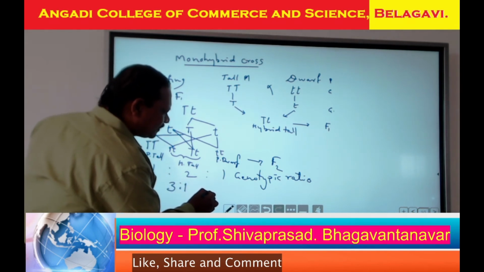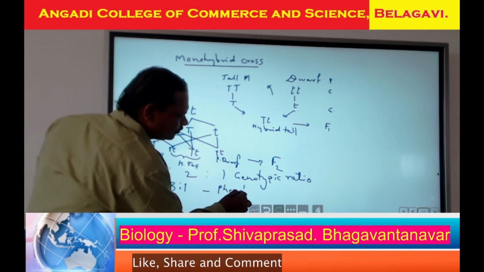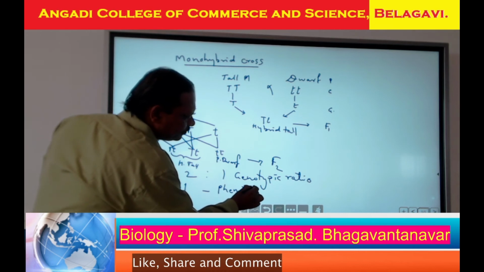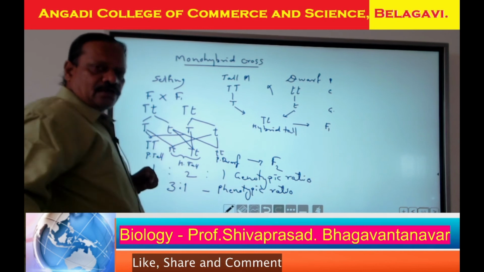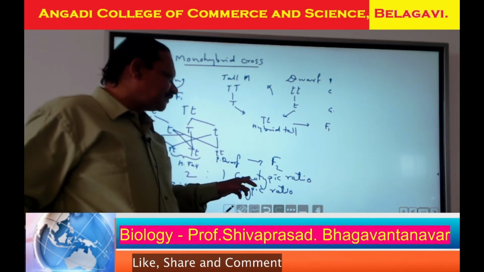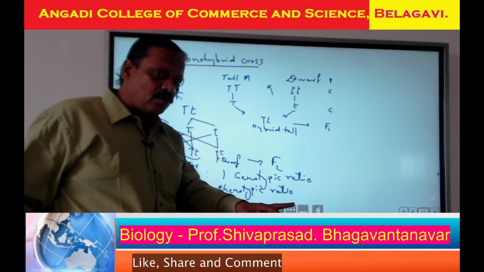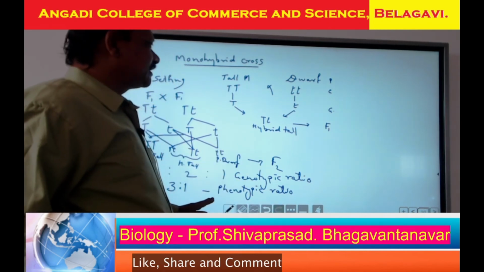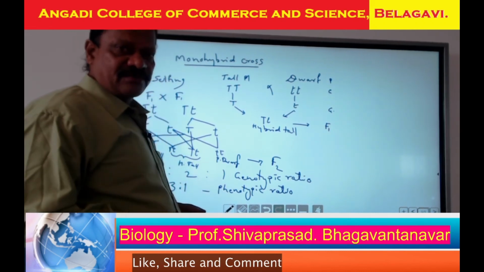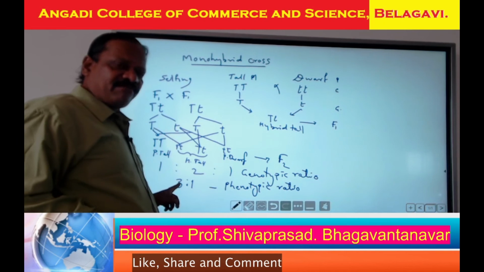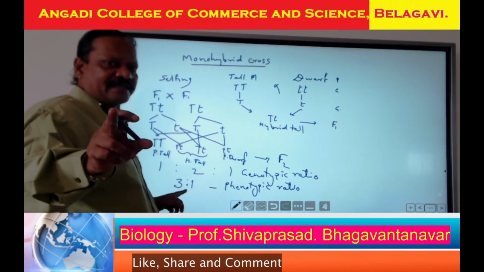It is called the phenotypic ratio. So the genotypic ratio is 1 to 2 to 1, and the phenotypic ratio is 3 to 1. In this way you observe the reappearance of purity: 75% tall and 25% dwarf plants you got at the end.